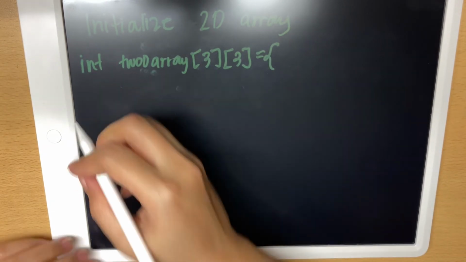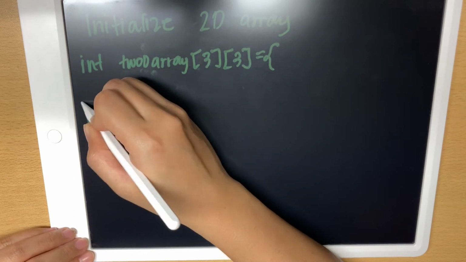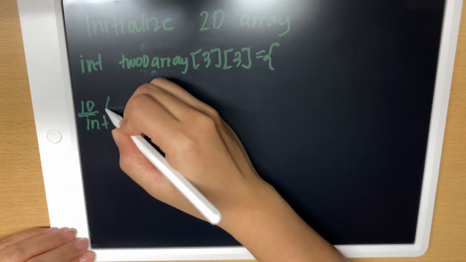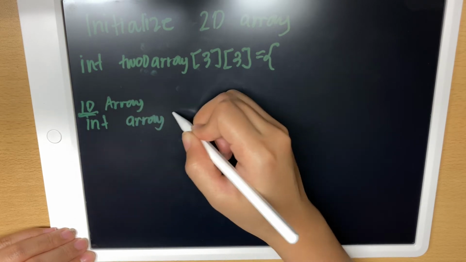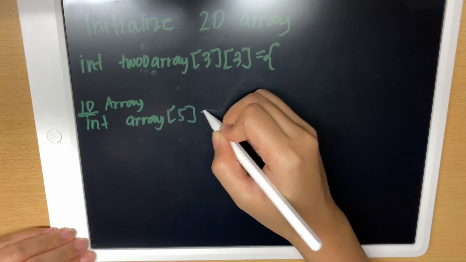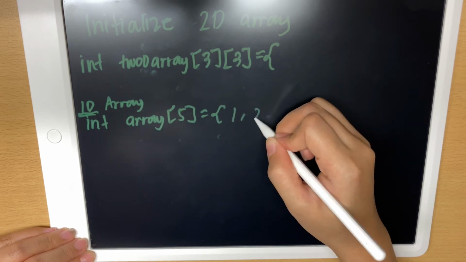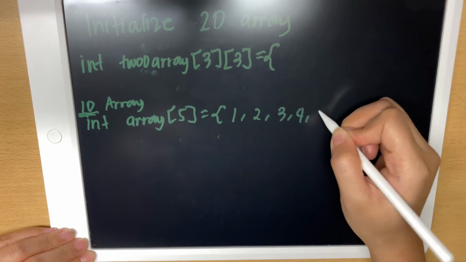So remember, when we declare a 1D array, this is the array with size 5 equal to 1, 2, 3, 4, and 5.